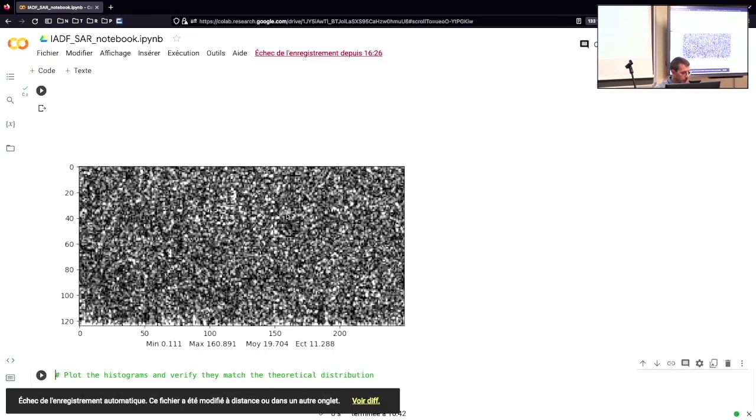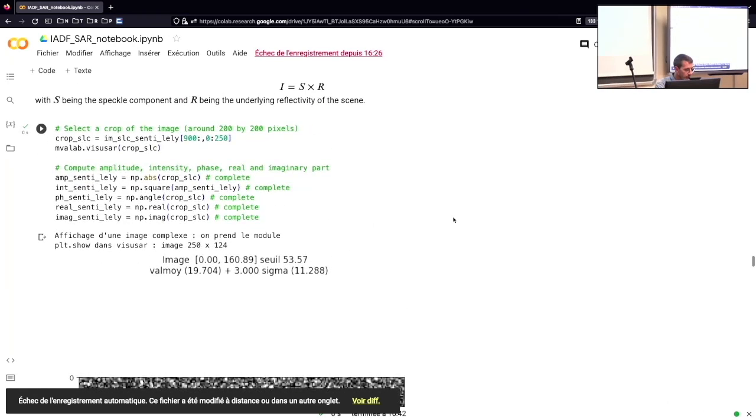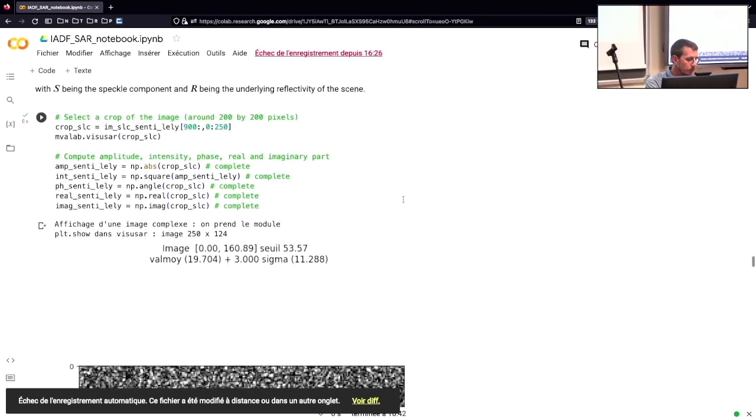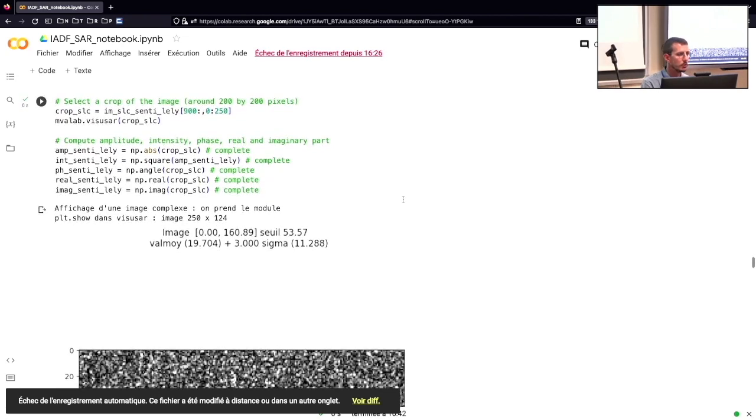Here I'm plotting the homogeneous area that I have selected. It is homogeneous, but there's the speckle, so it doesn't look homogeneous. I'll just leave it here so that you can have a look at it, but if you are even faster than me and you have already plotted the distribution, that's fine. I'm going to jump to this point in a few seconds.